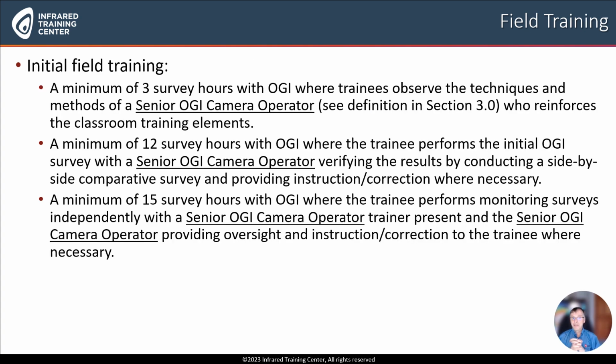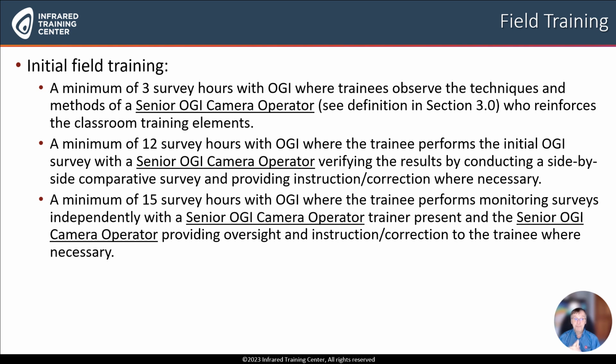Now, the initial field training is a minimum of 3 survey hours with OGI where the trainees observe the techniques and methods of a senior camera operator. A minimum of 12 hours where the trainee performs the initial survey. So the first part is you're an observer. The second part is you're being observed by a senior camera operator.